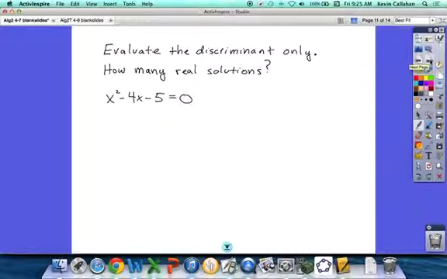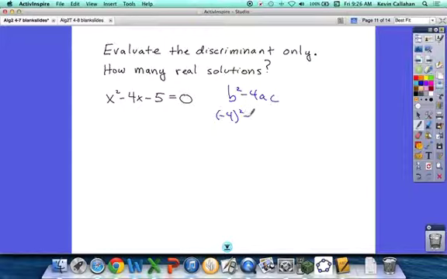All right, so you're going to have some homework problems that say evaluate the discriminant, okay? When it says evaluate the discriminant, it means don't do the whole formula, just do the b squared minus 4ac part. Well, in this problem here, what are the values of a, b, and c? 1, negative 4, negative 5.